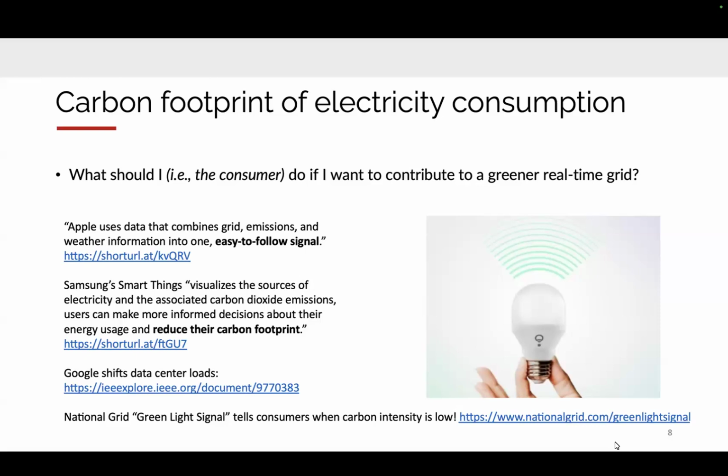So just to say, this is already ongoing. What is motivating our investigation here is not necessarily that we think this is the way carbon sensitive loads should interact with the grid, but it is already happening and it's a trend we need to understand.